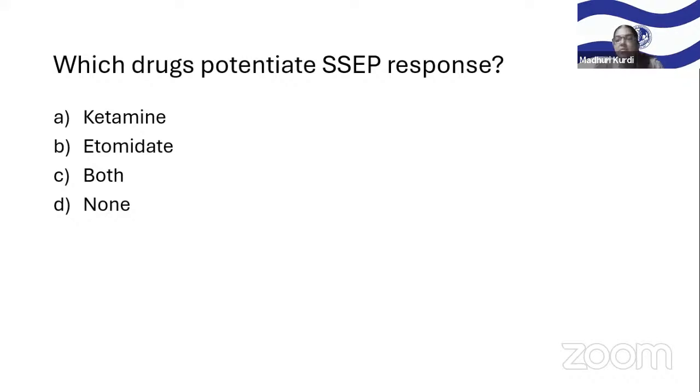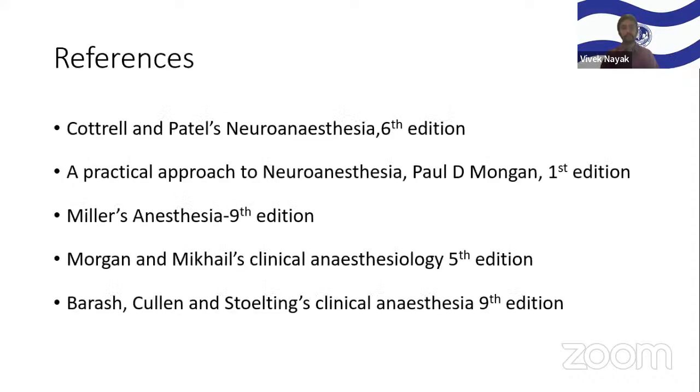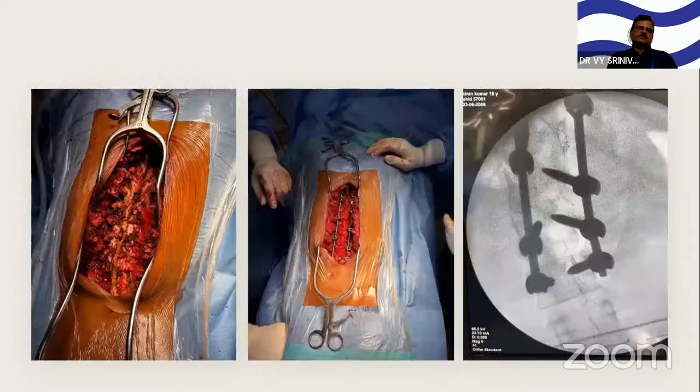There is a mixed response, almost A, B, C. But the appropriate answer is C, both ketamine as well as etomidate. A is also correct, B is also correct, but the correct answer is C. So far we have discussed the advantages and uses of neuromonitoring.